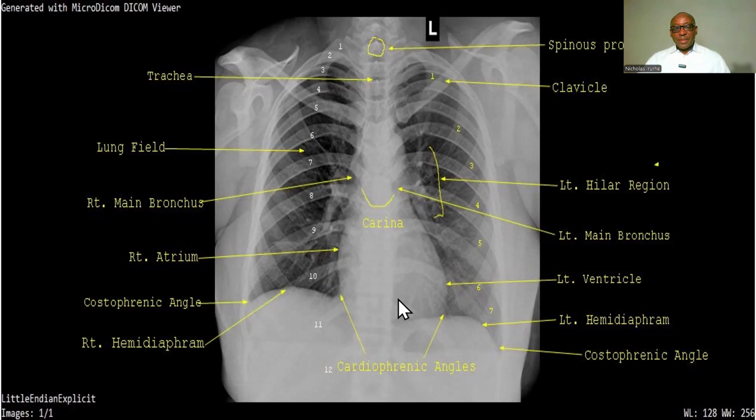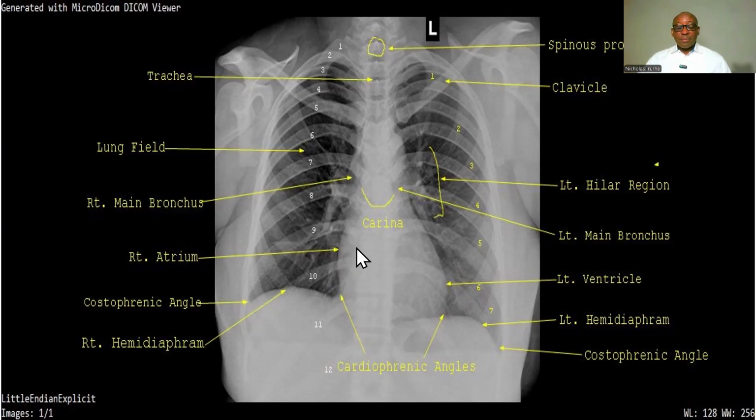The opacity seen here is that of the cardiac shadow. And it is divided into two parts by the midline. Okay, and you have the left part, which forms the left cardiac border as the left ventricle, whereas the right cardiac border is formed by the right atrium.